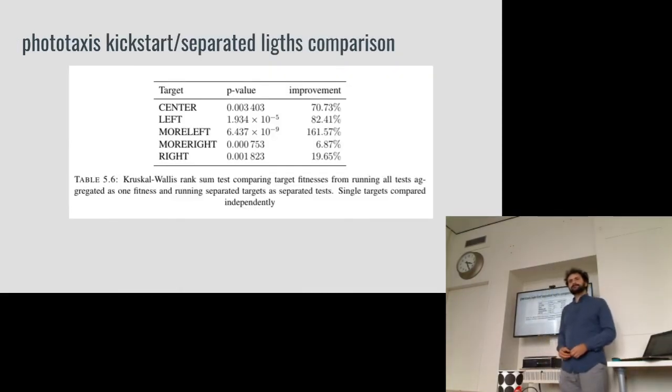What is really very surprising is the huge difference between left and right, and even more difference between more left and more right. This is really surprising, because you would say it is neutral towards the direction. I could understand that it is not neutral towards how far you are from the middle line, but whether you are left or right from the middle line, why is that so important?